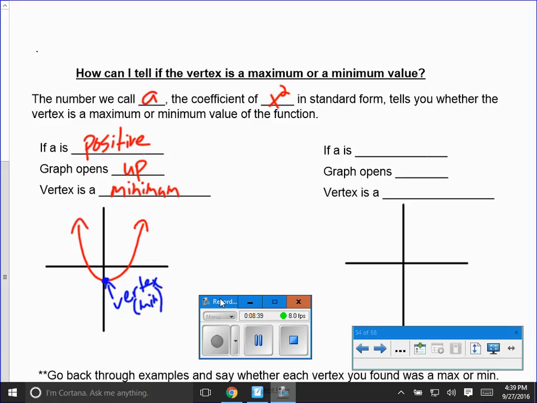The other case, if a is negative, that leading coefficient is negative, the graph opens down, and the vertex is a maximum. What that would look like is something like this. This point right here at the top would be the vertex. It would be a maximum.